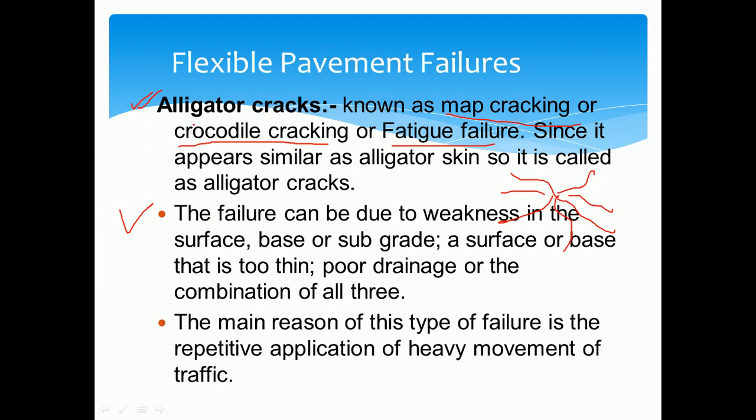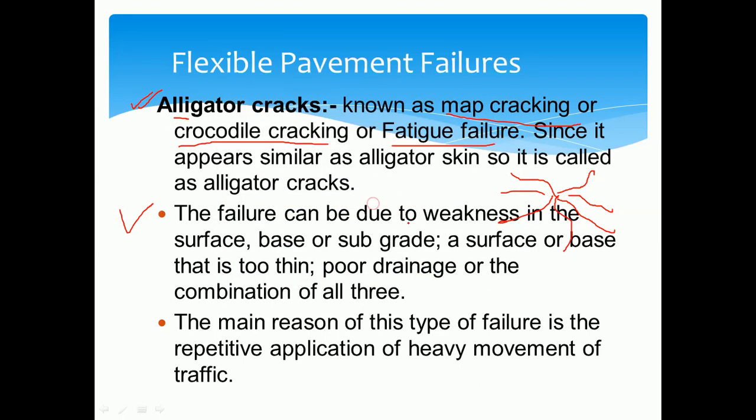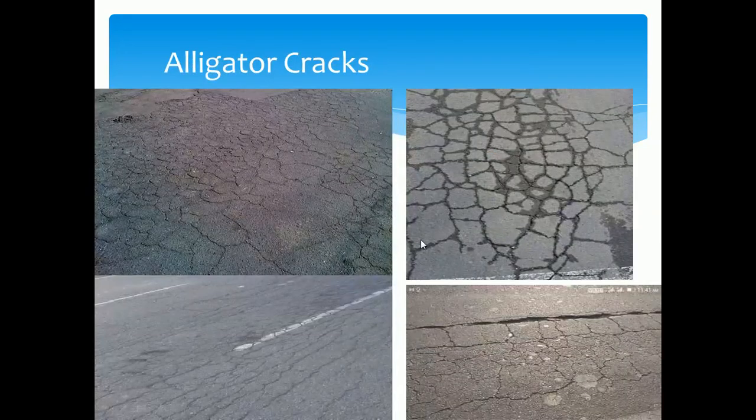The main reason for this type of crack is the repetitive application of heavy moving vehicles, that is the heavy traffic. You can observe in the figure, as you can understand easily, the alligator cracks, or the cracks like map cracking. So what is the cause? There may be a poor drainage system.